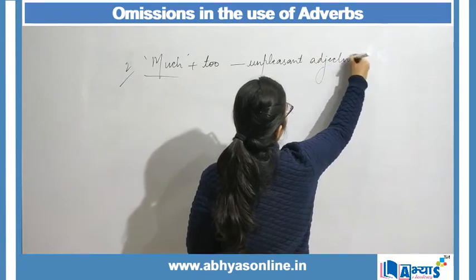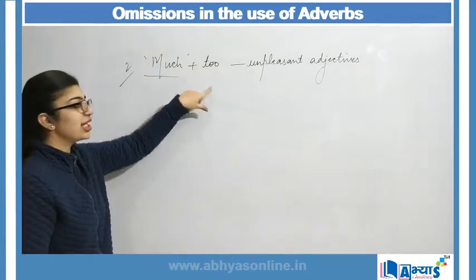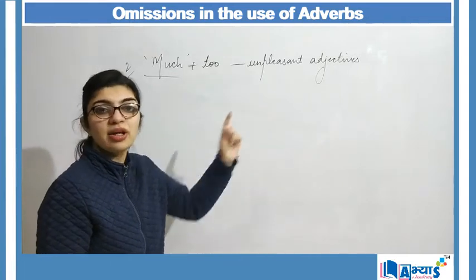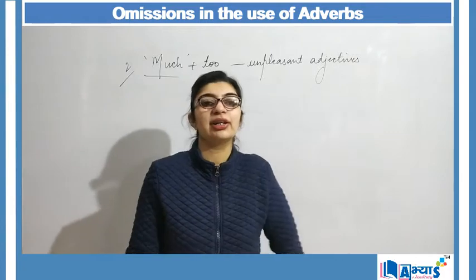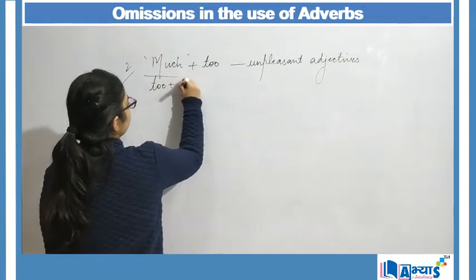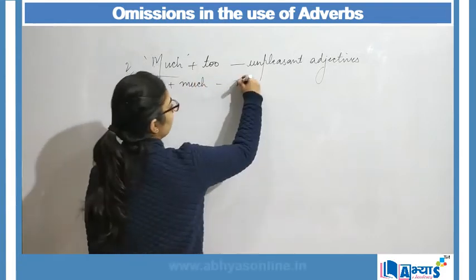So whenever we are making use of unpleasant adjectives, in that case we make use of much plus to. But whenever we are using too much, in that case we make use of nouns.